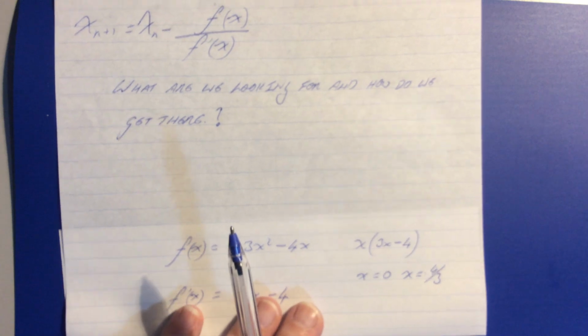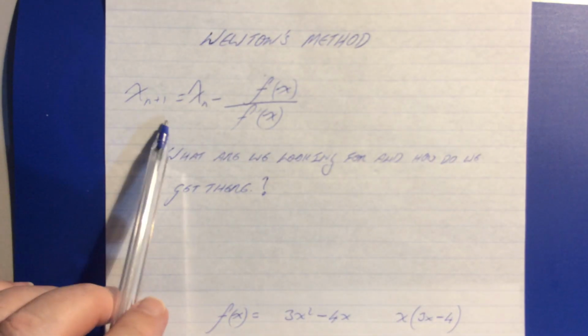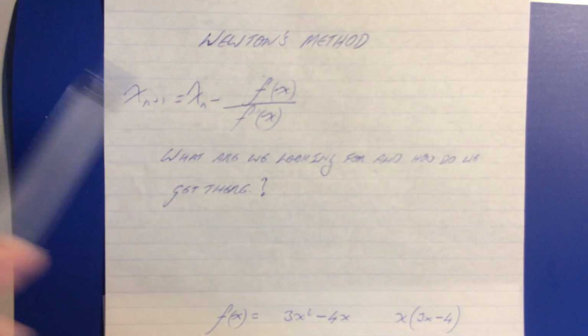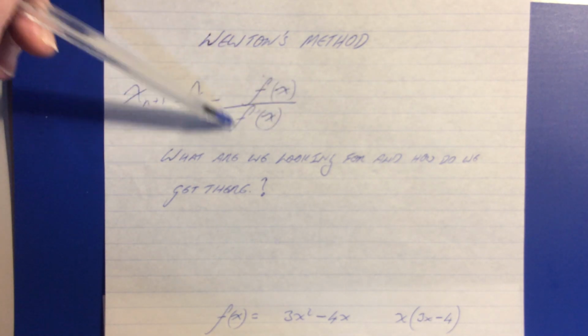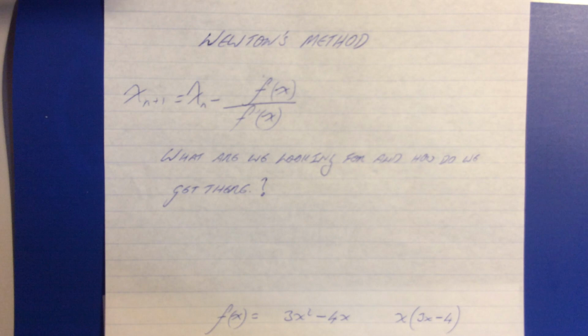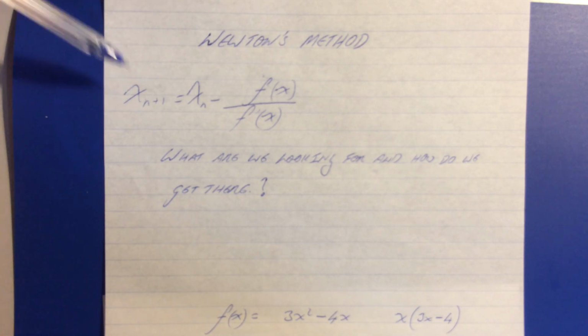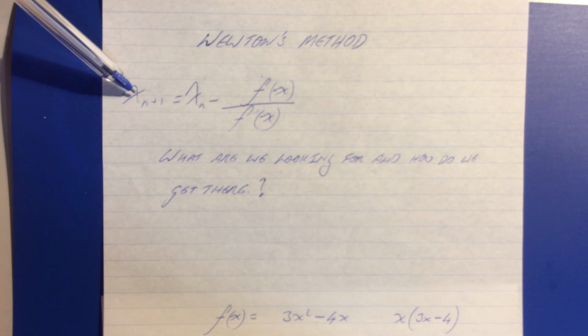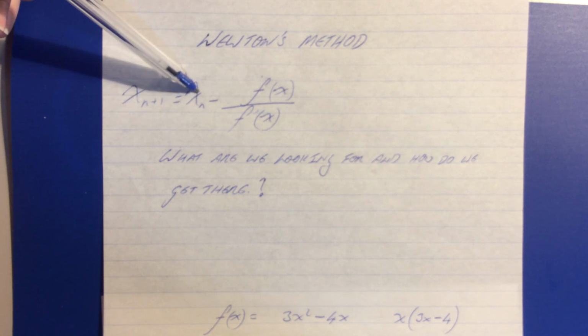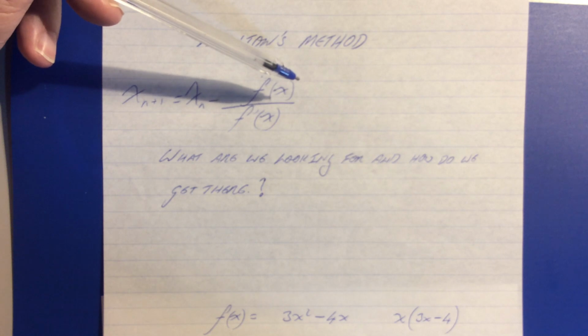Now, this formula forms a sequence. And I want to talk about that a little bit before we start looking at the mechanics of this. This sequence, for those of you who are unfamiliar with them, is formed by starting with a number here, which creates a new value.